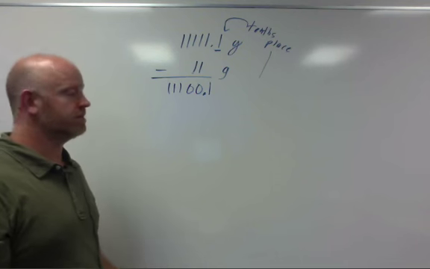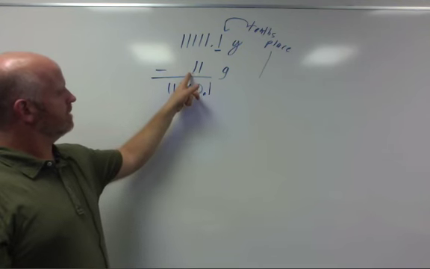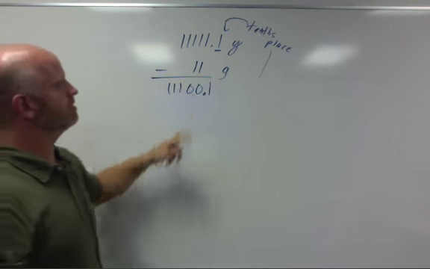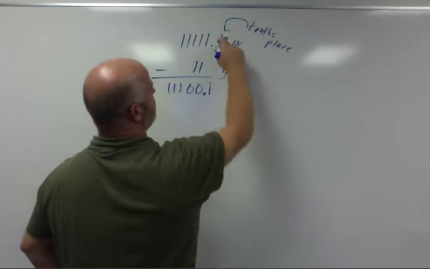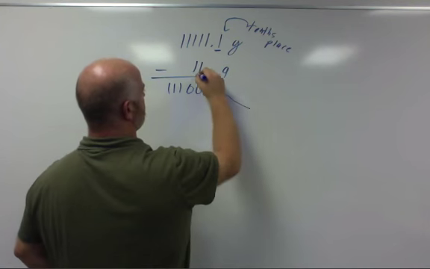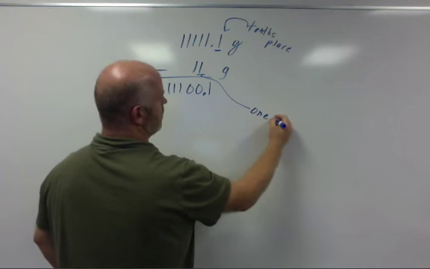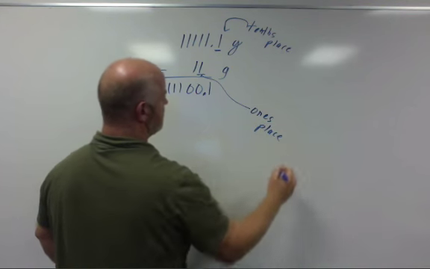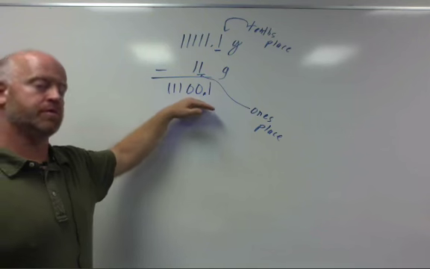In this case, the first number is measured to the tenths place, but the other number ends in the ones place, so my answer has to be rounded to the ones place.